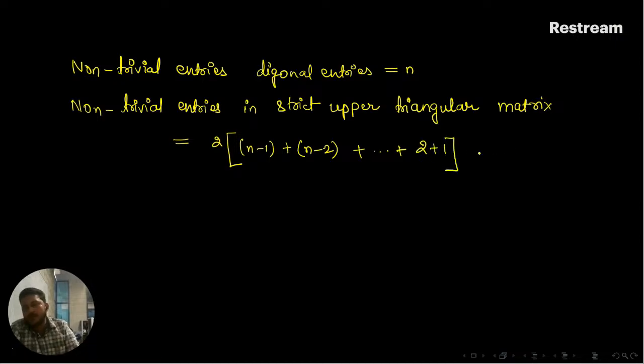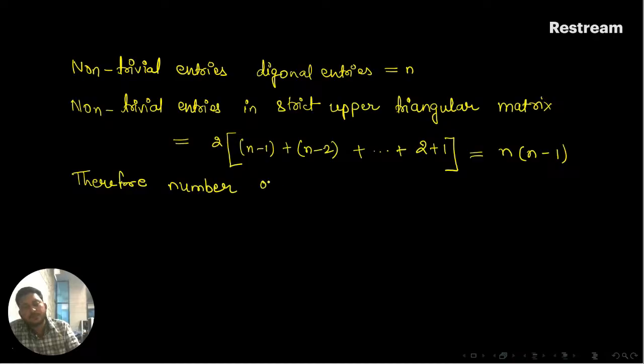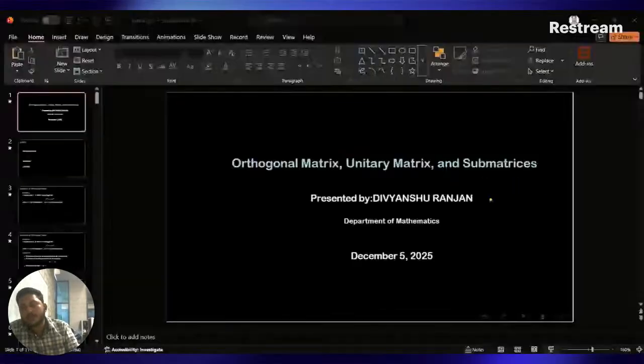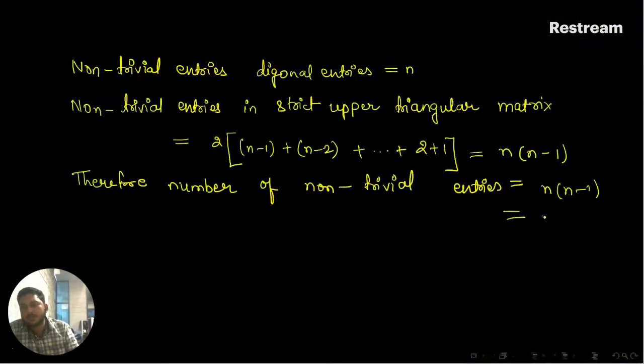Okay, and their entries are n plus 1 and n minus 1 type. The whole entries are equal to n minus 1 type. Okay, therefore the number of non-trivial entries is equal to n plus n minus 1, which is also equal to n squared.